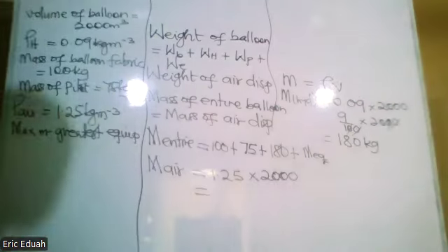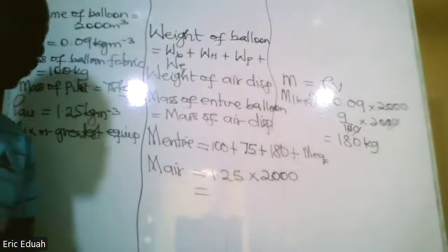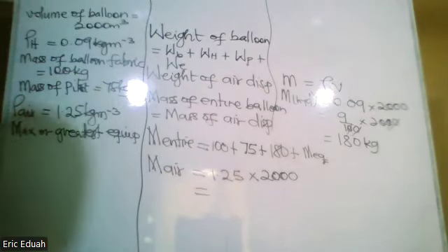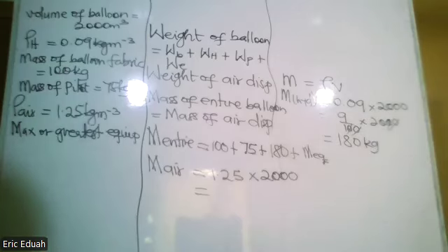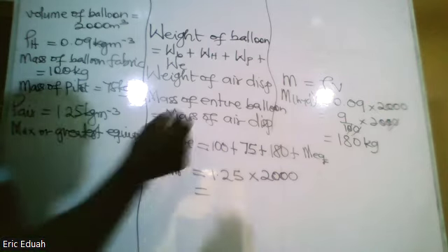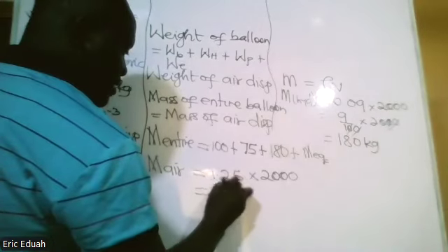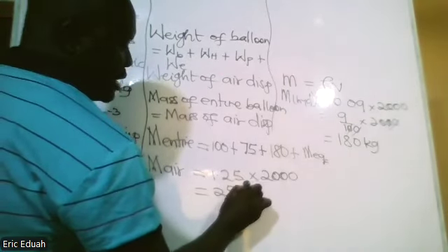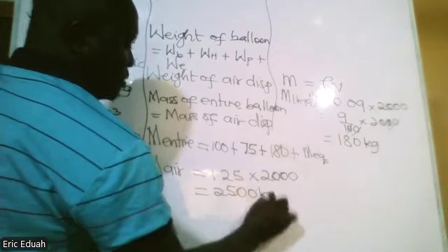Therefore, what is 1.25 times 2,000? 1.25 times 2,000 is 2,500. So 2,500 kilograms.